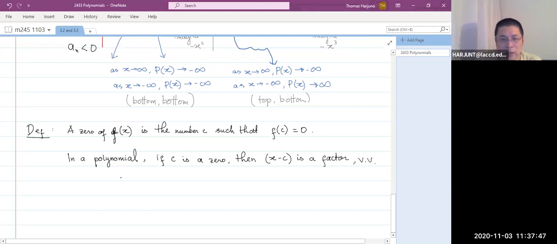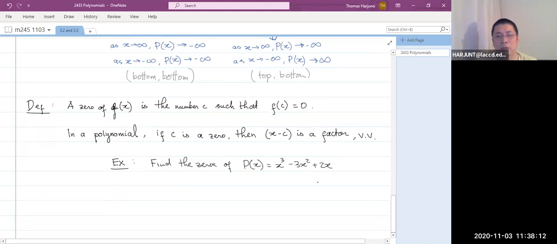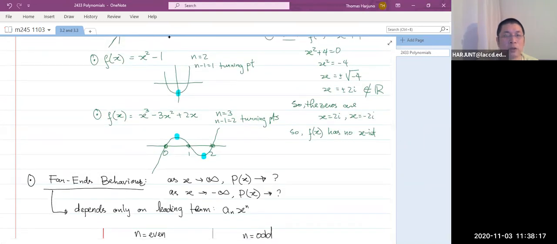It's like this. For example, when we try to find the zeros of p(x) equals x cubed minus 3x squared plus 2x, the one that I showed you earlier. Okay, where's that? This one.